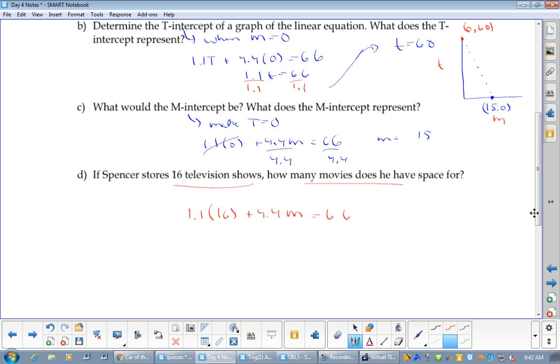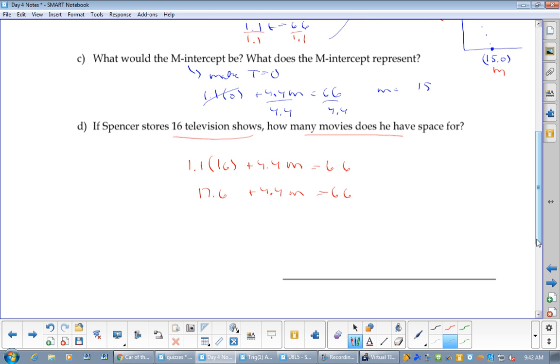Okay. 1.1 times 16 equals 17.6. Okay, what do we want to do to solve? Minus 17.6.